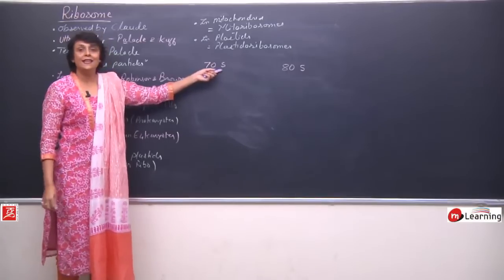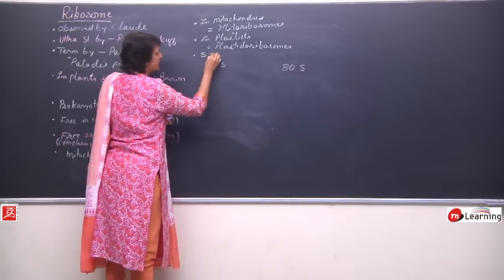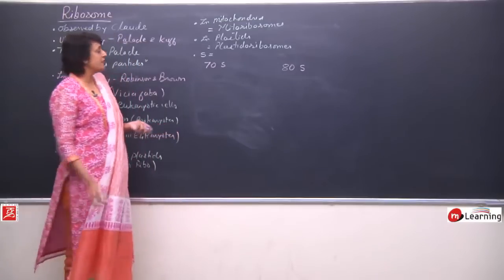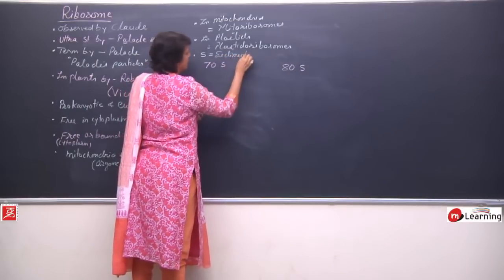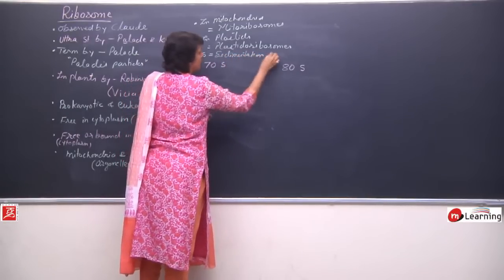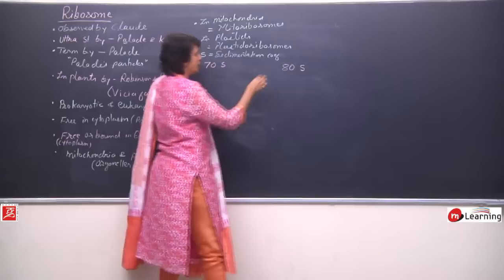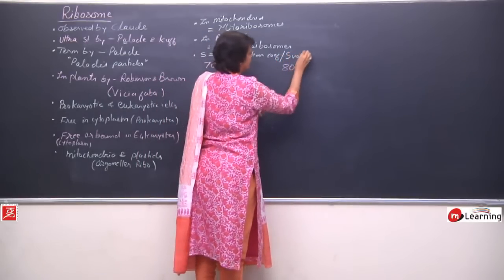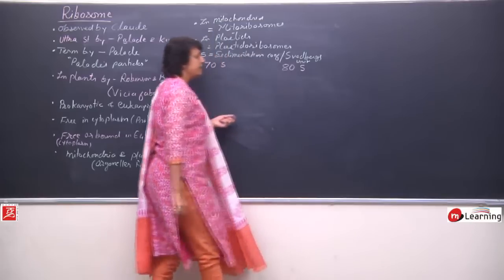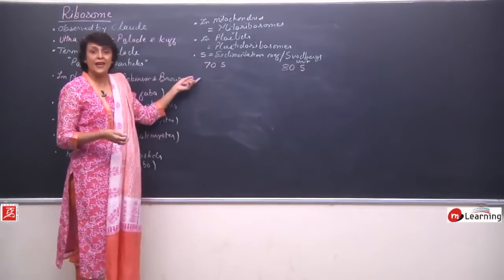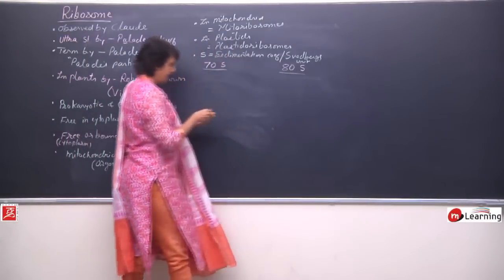S, which I am writing here, stands for sedimentation coefficient, or Swedberg's unit. Swedberg's unit basically tells at what rate it sediments. So there are two types, 70S and 80S.